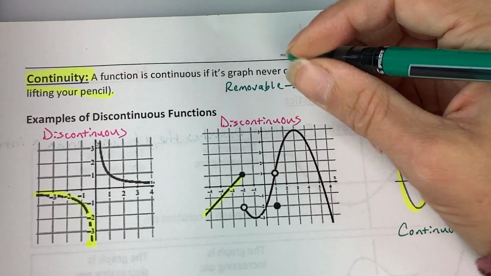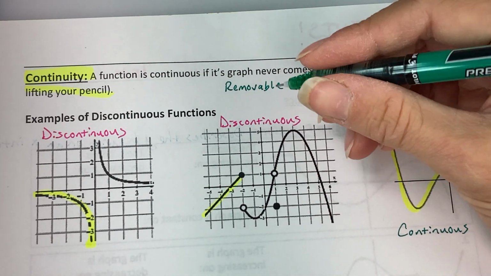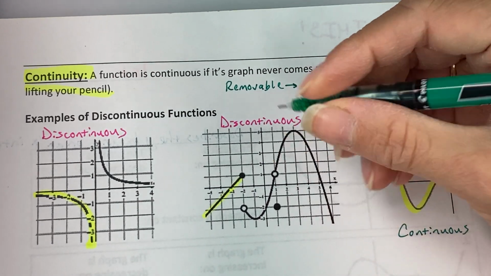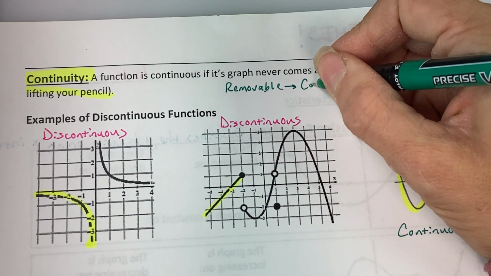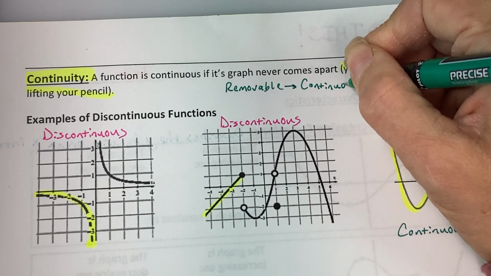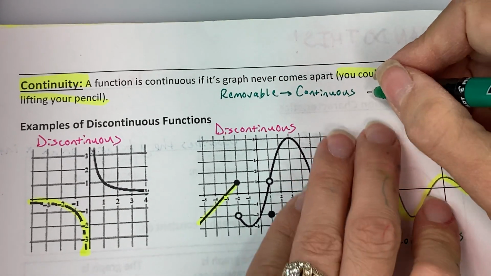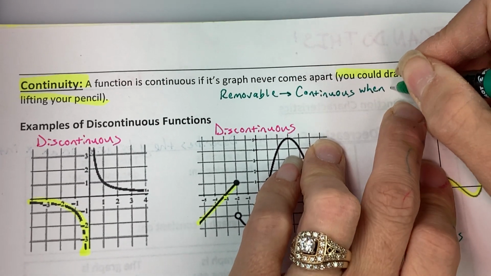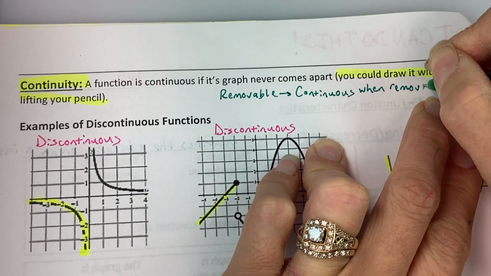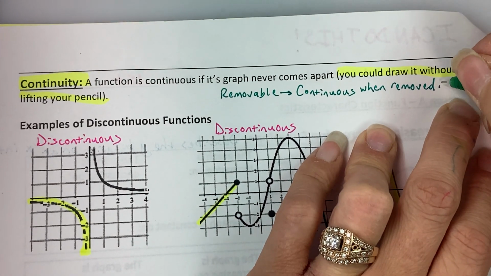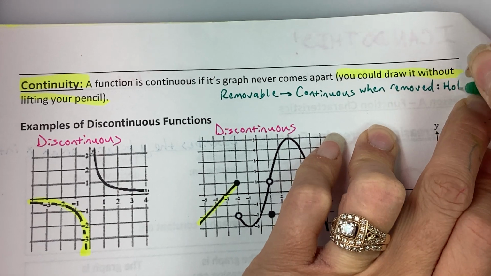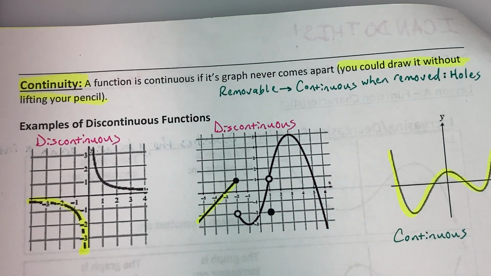discontinuity, which means if I were to remove the hole or open dot, then the function would be continuous when removed. So typically, this applies to holes in our function or open dots.